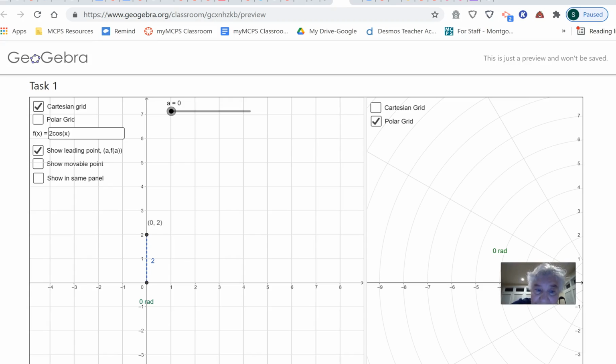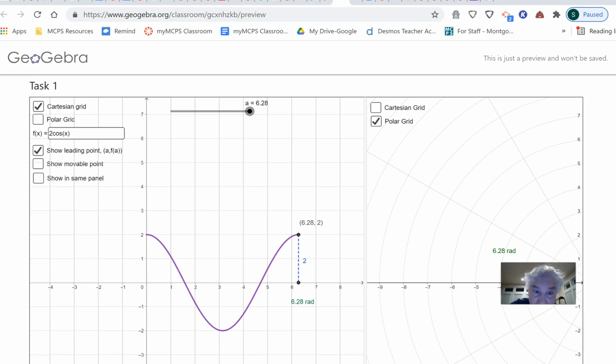Now watch what happens on this xy plane as I move from 0 to 2 pi. Now 2 pi is 3.14 times 2, so the A is our x-axis, the f of A is our y-axis, and that is a typical cosine curve.